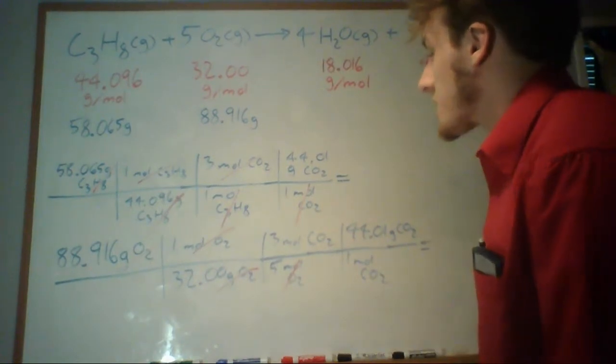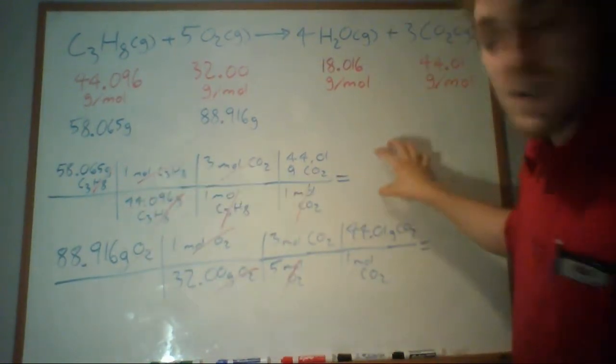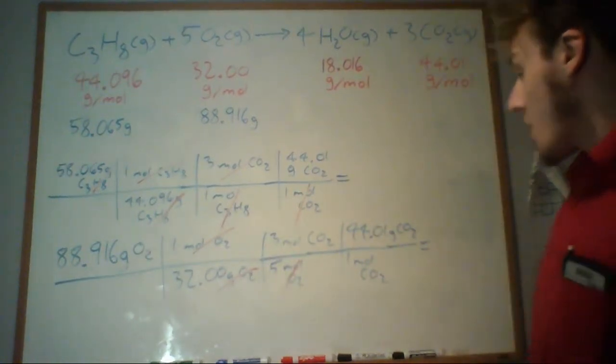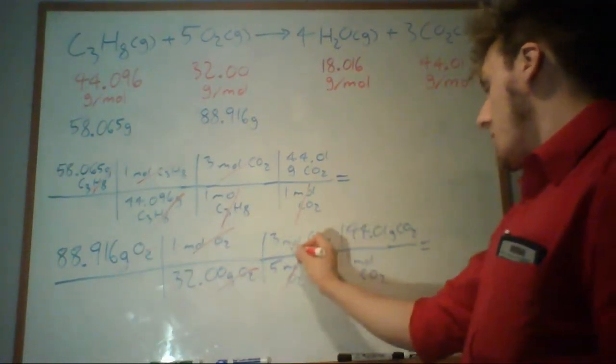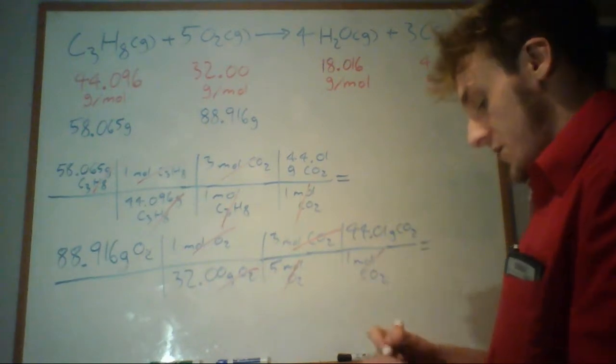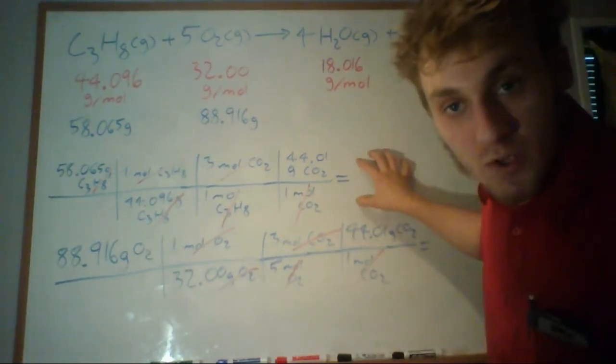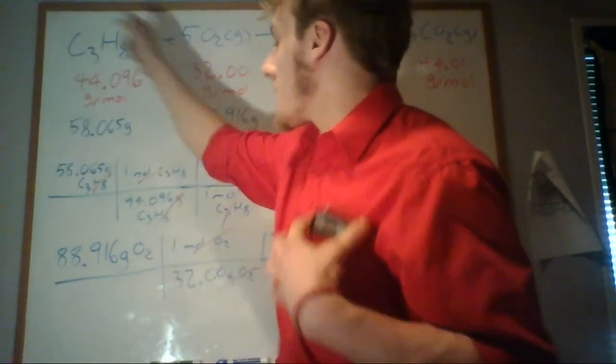So, let's go ahead and punch this into the calculator and see what we get. Oh, I need to cross out my units here. Moles of CO2, moles of CO2. All right, so let's figure out how many grams of CO2 we could produce given this many grams of our propane.